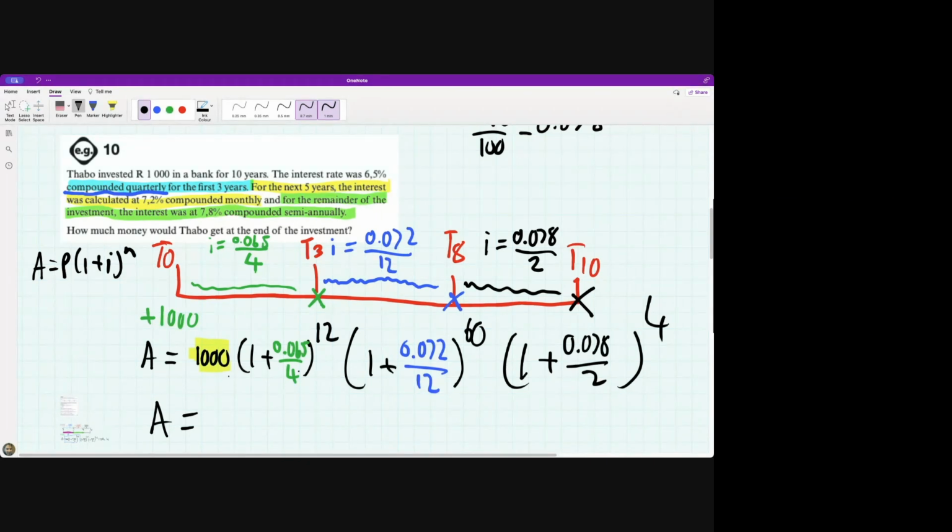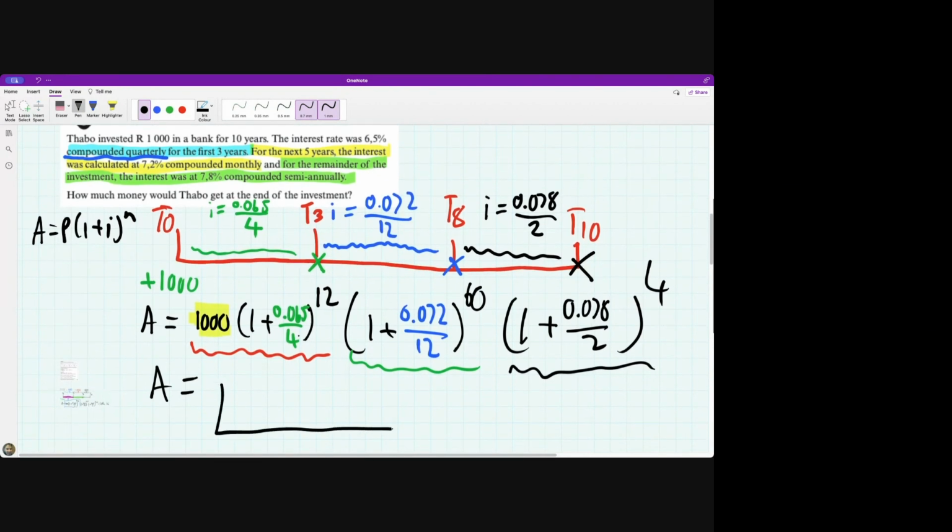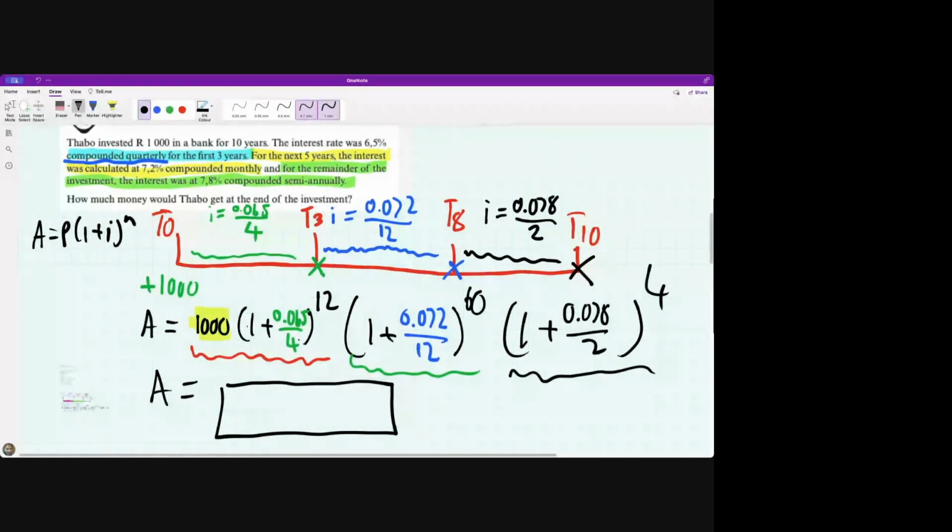So when you type it in your calculator, press equals at that point and then go times, put in that part here and go equals again, times this part at the end, just so that you don't have to type for too long. And you tell me how much money Tabor actually has at the end.